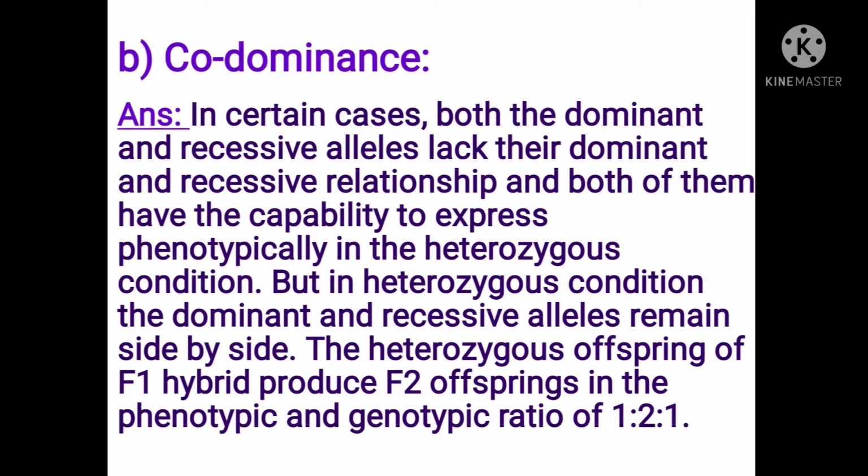But in heterozygous condition, the dominant and recessive alleles remain side by side. The heterozygous offspring of F1 hybrids produce F2 offspring in the phenotypic and genotypic ratio of 1:2:1.